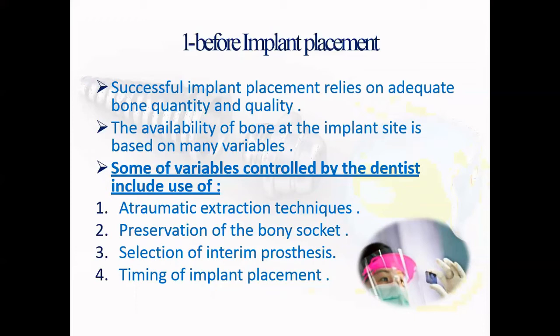And we have to plan for the timing of the implants after the healing of the socket. Usually, for a complete socket to heal, it takes 2 to 3 months.